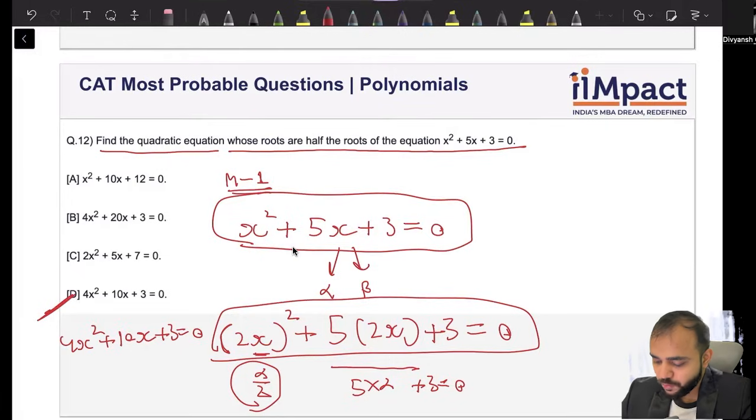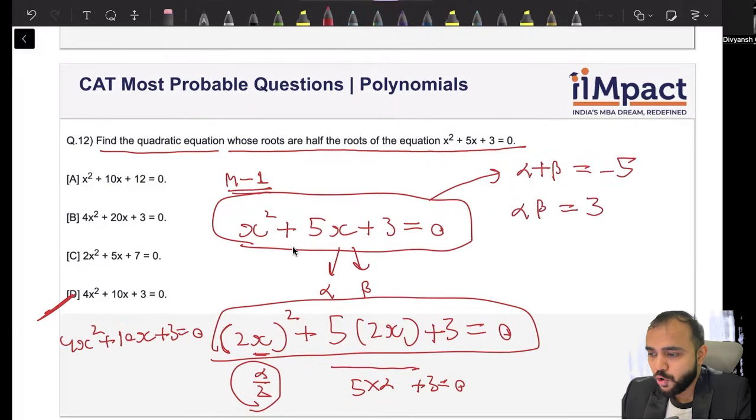The other method would be that I know that this has alpha and beta as roots. So I know alpha plus beta is equal to minus 5 and alpha beta is equal to 3. Now, if I want a quadratic whose roots are half of this, the sum of the roots will be alpha by 2 plus beta by 2, or alpha plus beta by 2, which is minus 5 by 2. And the product of the roots will be alpha by 2 into beta by 2, which would be alpha beta by 4.